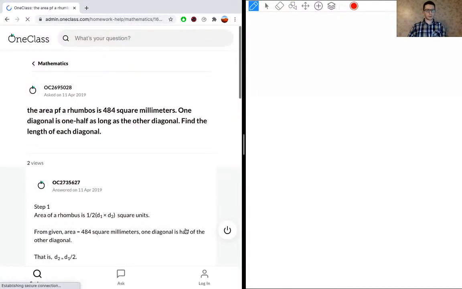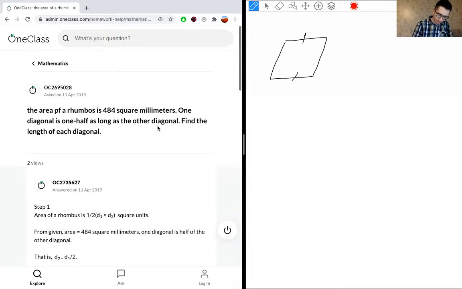So the next question: the area of a rhombus is 484 square millimeters. One diagonal is 1/2 as long as the other diagonal. Find the length of each diagonal. So we know a rhombus is just something like this.